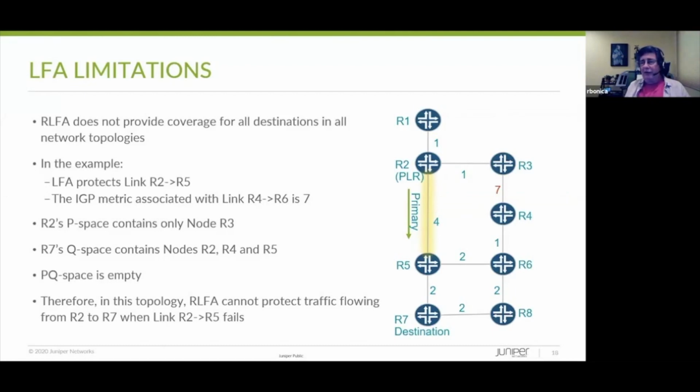The least cost path to almost every place is through the broken link, R2-R5. So the P space has only R3 in it. The Q space still contains R2, R4, and R5, and the PQ space is empty. So in this topology, R2 can't find a repair node for R7.